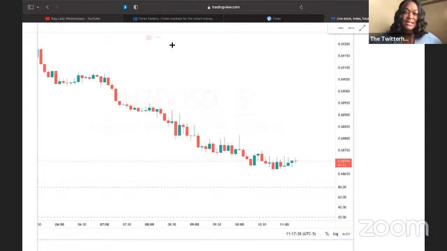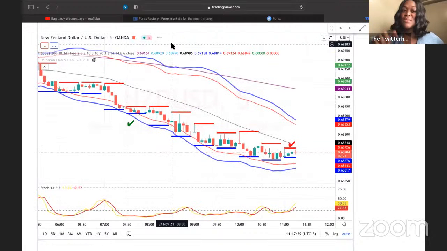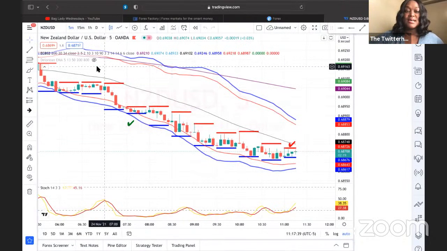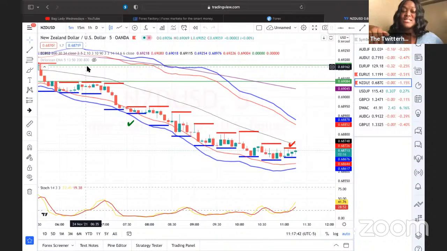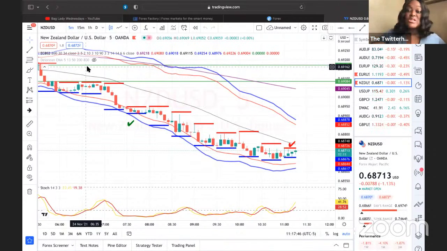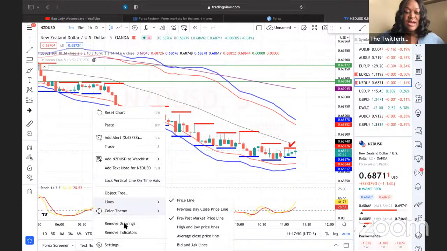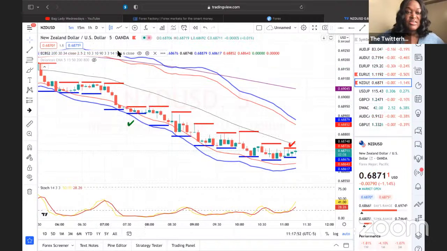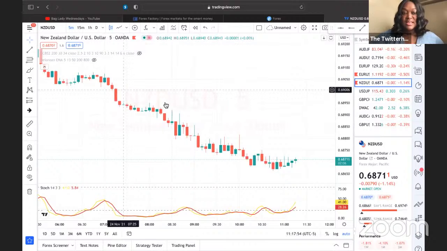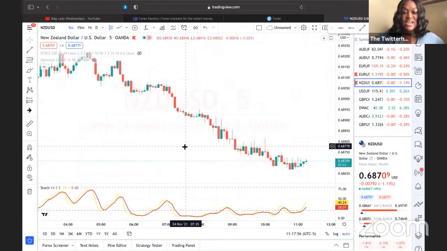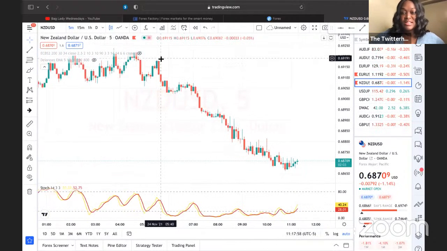We're going to look at this. And remember, I said that NZD USD, it's bearish, so it's trending down. And we see it right here. Let's get rid of these indicators. It's definitely bearish, right? Definitely going down. There's no denying.